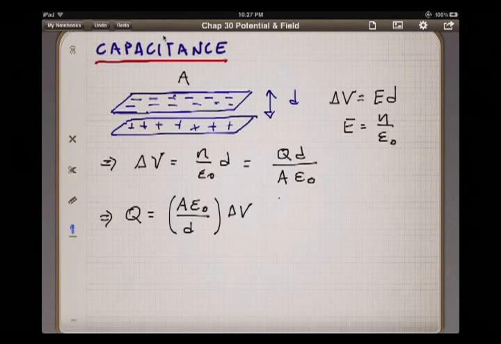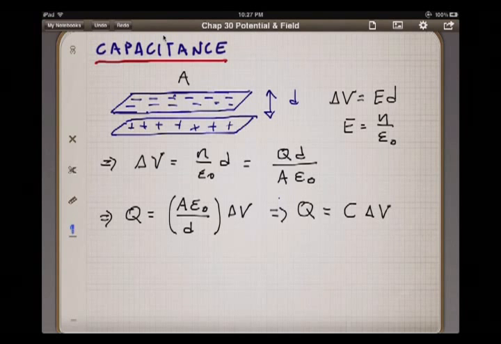So the physical properties of this capacitor determine how much charge it can hold at a given difference in potential. If you connect two capacitors, one big, one small, to a 1.5 volt battery, the biggest capacitor, the one that has the biggest A and the smallest distance between the plates, will be the one that can hold the biggest amount of charge.